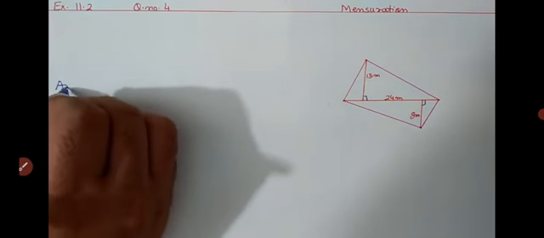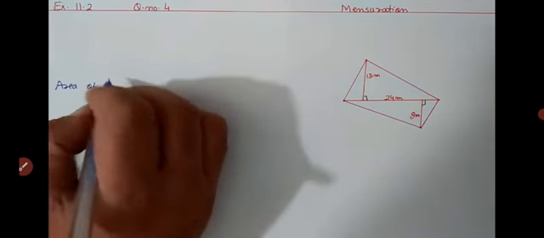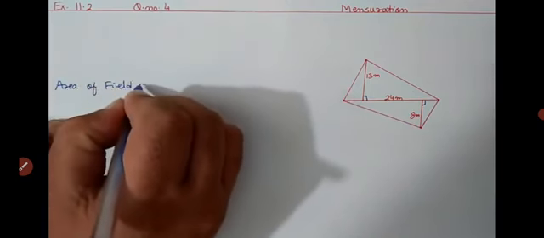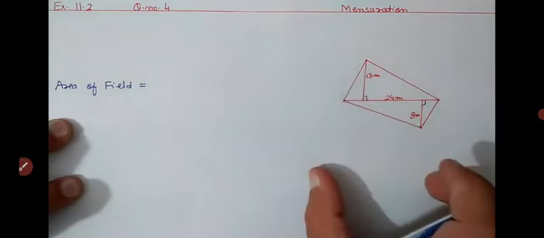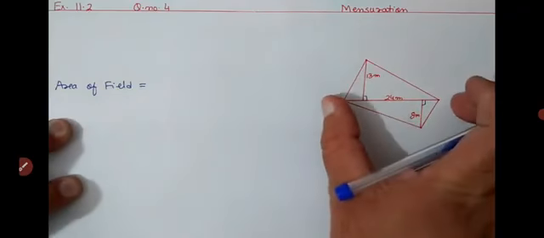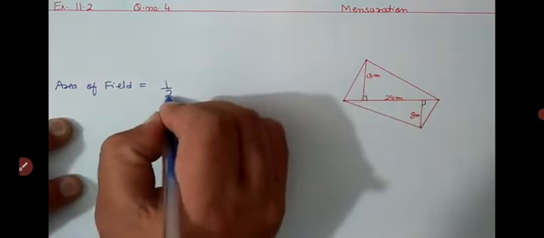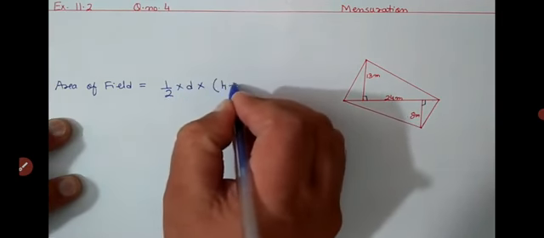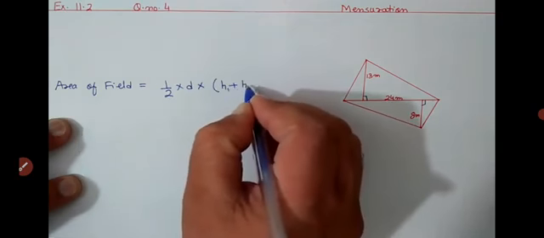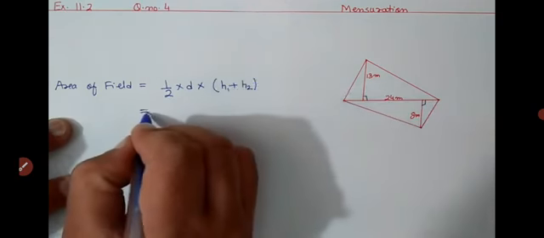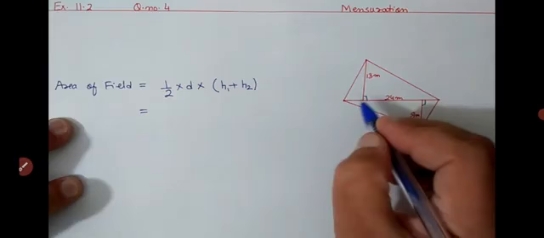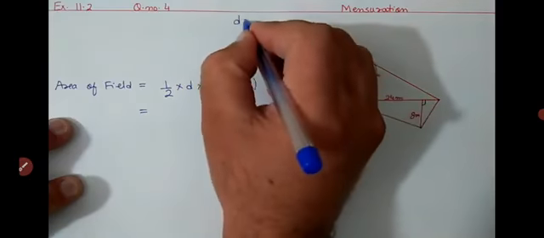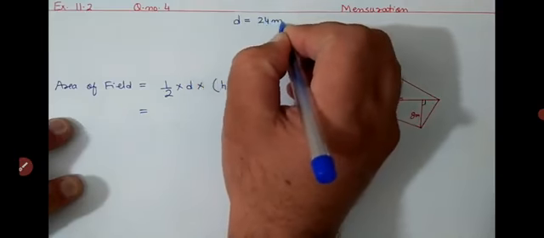Now the area of the quadrilateral field we can write as 1 by 2 into D into H1 plus H2. And it's given that D is 24 meter, so we can write D is equal to 24 meter.